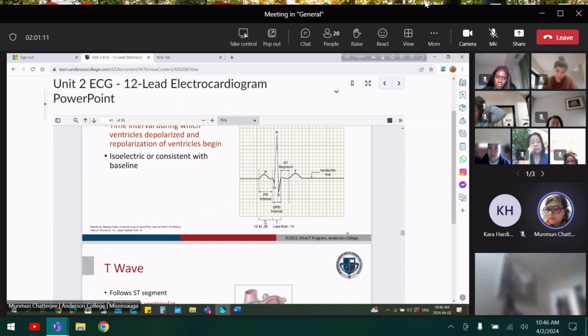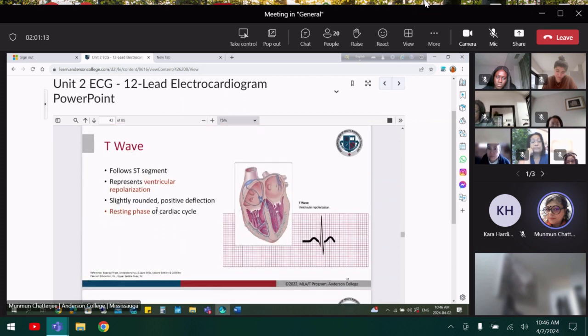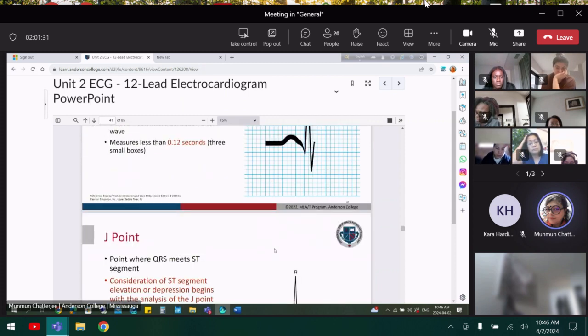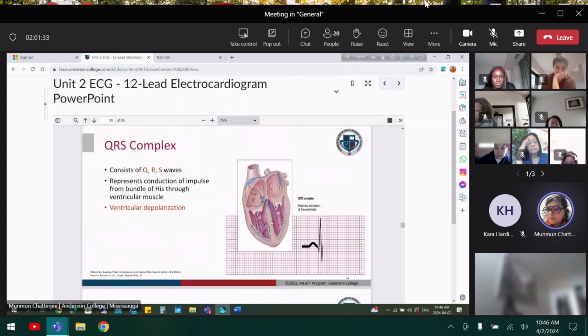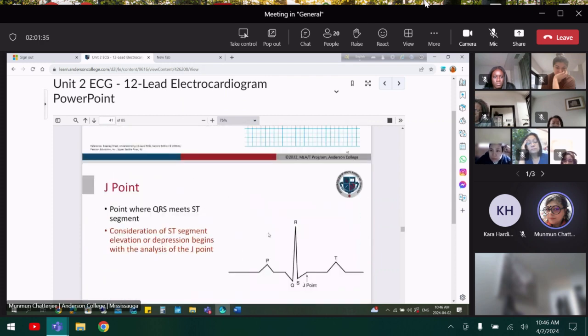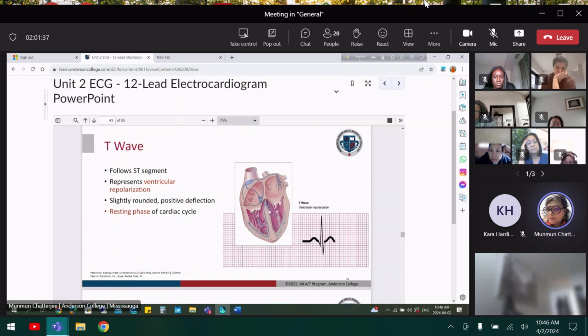Next is the T wave. It follows the ST segment. So this is the ST segment, and after that the T wave comes. The T wave is ventricular repolarization. The ventricles are going back to their relaxing phase. You can see it's getting relaxed. Here you can see the ventricle is squeezed in contraction, then it gets relaxed when going to the formation of the T wave.